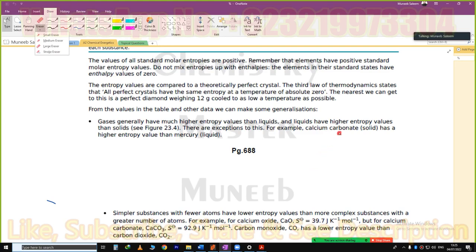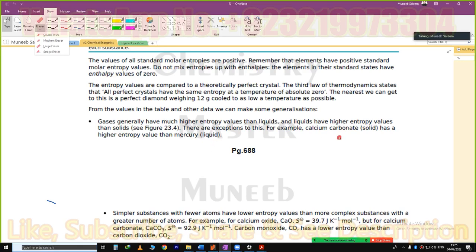No. Calcium carbonate is an ionic compound. So there doesn't exist any type of covalent or intermolecular forces. But mercury, what about mercury? Mercury is a metallic compound. So there are just metallic bonds within it.